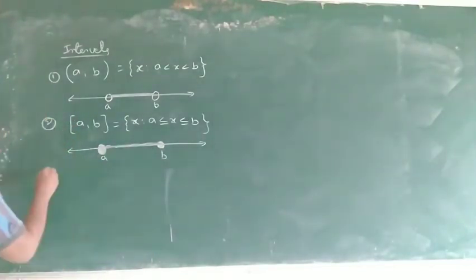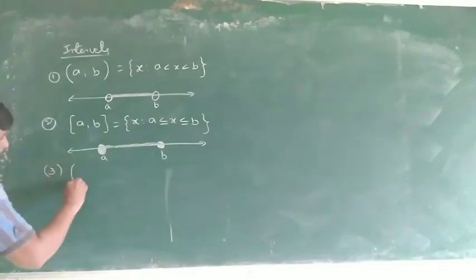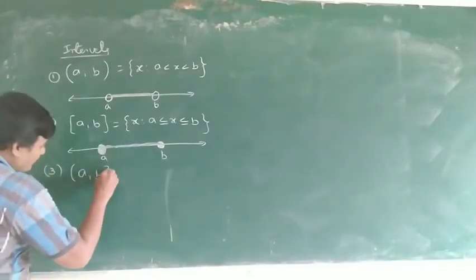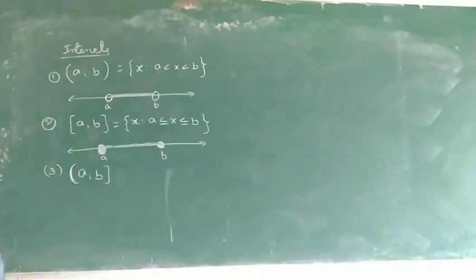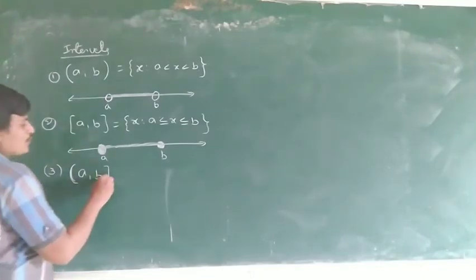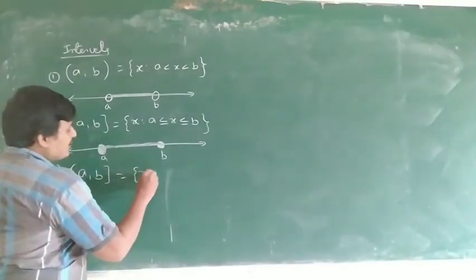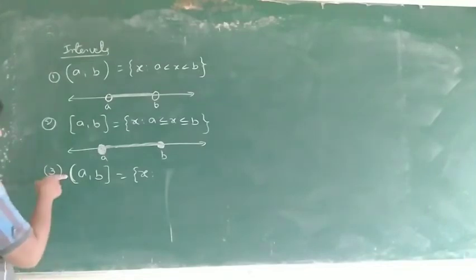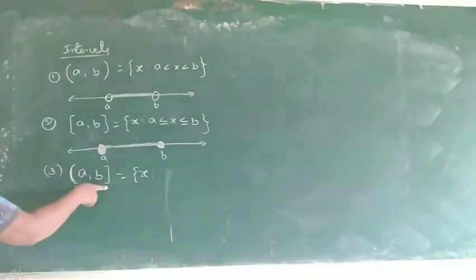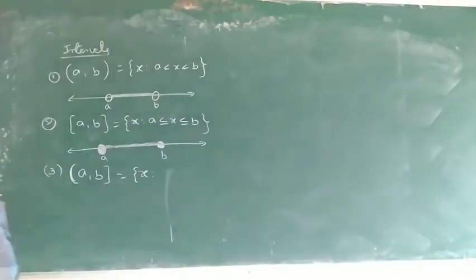Okay, next, the third one. Open a, closed b. The small bracket is called open, the big bracket is called closed. Open a, closed b is the set of all x such that excluding a, including b. Closed means including.